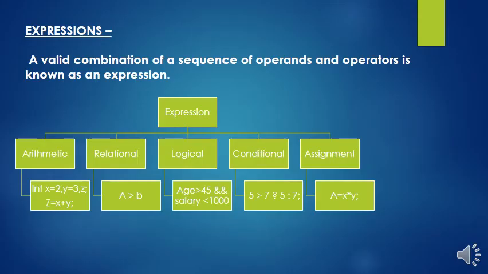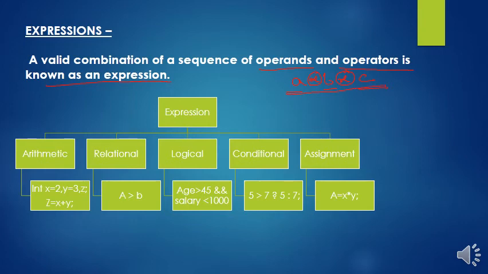Next topic is, children, expression. So what do you mean by expression? A valid combination of a sequence of operands and operators is known as an expression. For example, A into B into C. So A, B, C are operands and asterisk is what? Operator. And A asterisk B asterisk C is known as what?